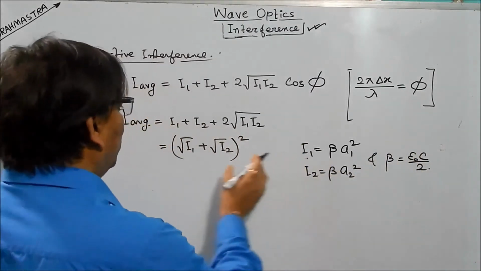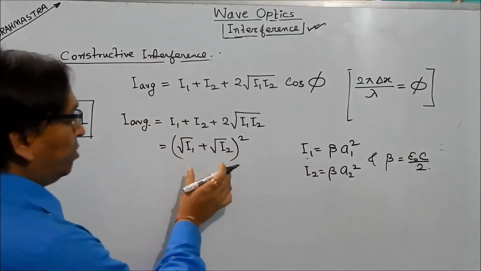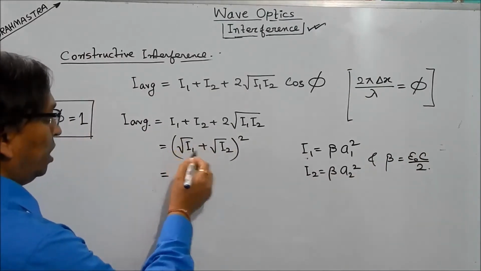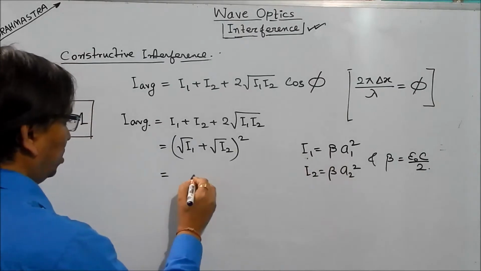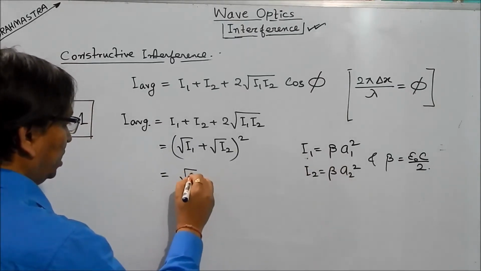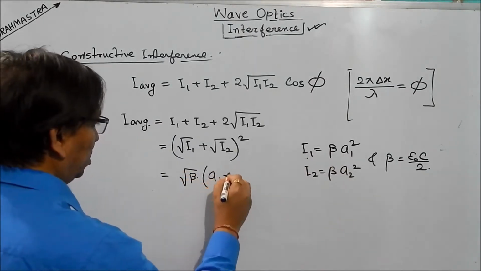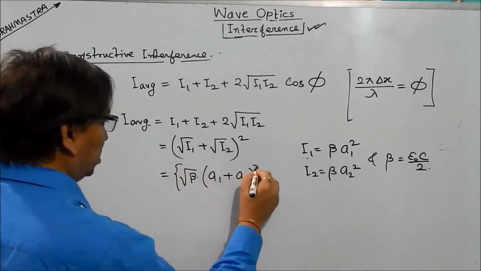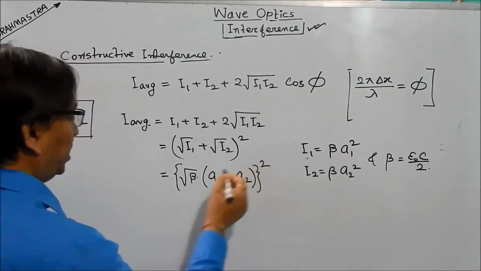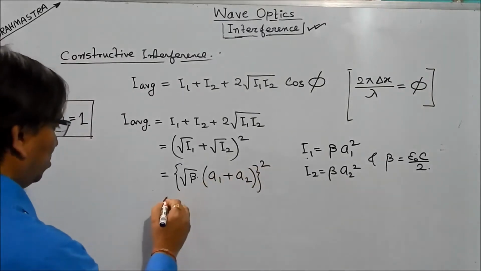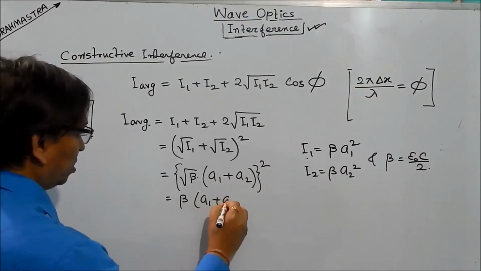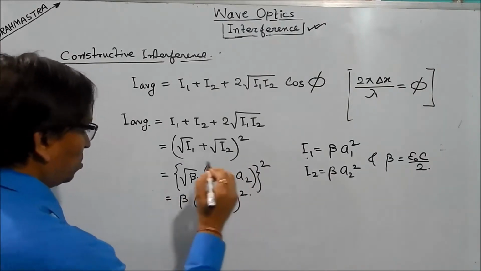If I take it in the format of amplitude, then we will get root under I1, that means root beta will come outside, A1 plus A2 and the whole square of this. If I take the square of this, this will be beta times A1 plus A2 whole square.